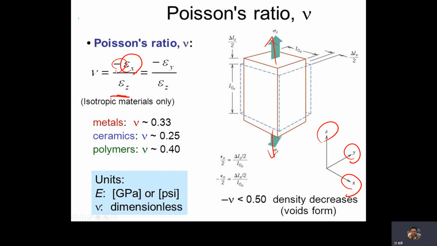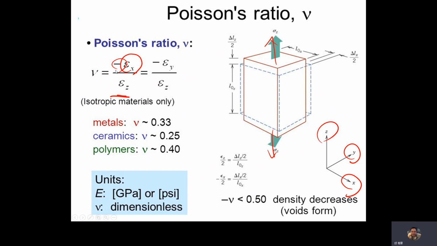So as I already mentioned, if you apply a tensile stress, its dimension will be stretched in the tensile direction, and the dimension will be reduced in its lateral direction. In this case, its Poisson ratio is positive. So what kind of mechanical behavior if the Poisson ratio is negative?